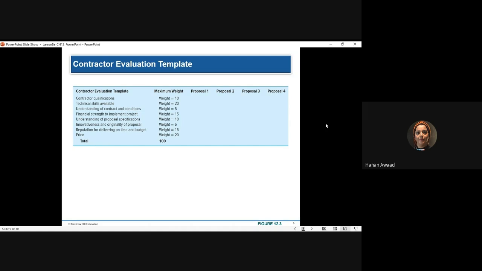And why do we do this? Why do we assign weights for these criteria? To make it easier to choose which contractor we will hire. We will apply the weights for all of them, weights for the items included in the evaluation, not a score.